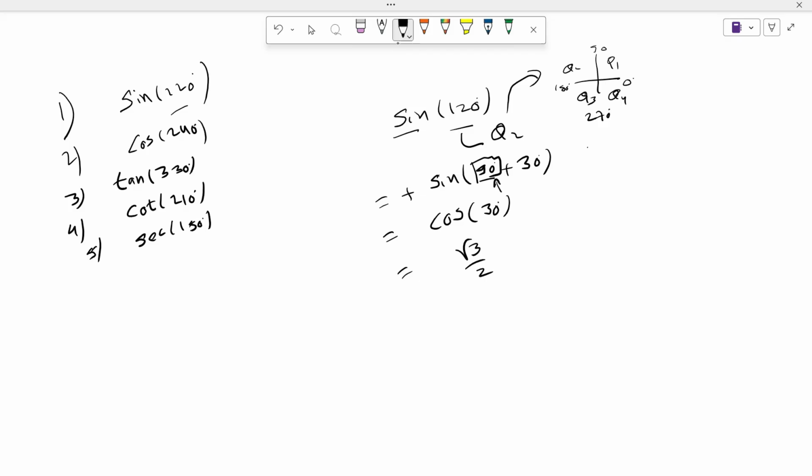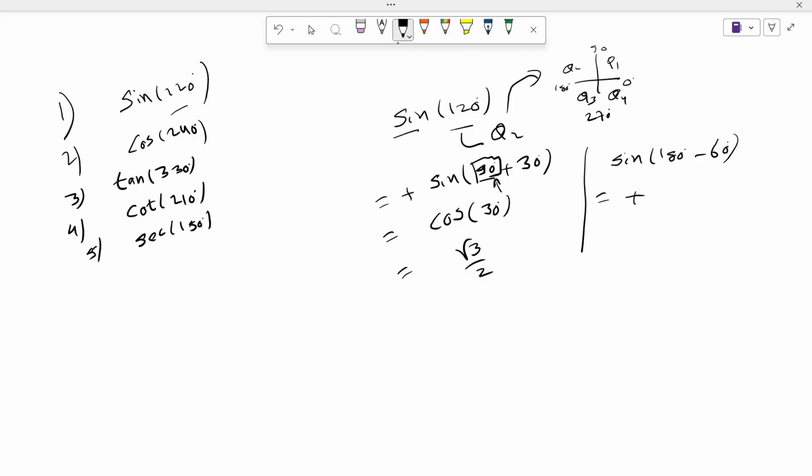The other way is to solve the same question in reverse: sine of 180 degrees minus 60 degrees. As we came to know just now, 120 falls in the second quadrant, so sine will have a positive value.